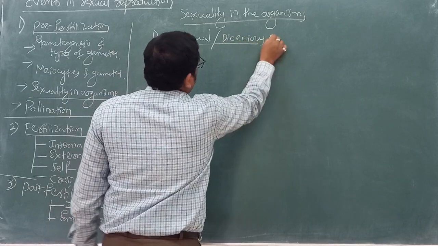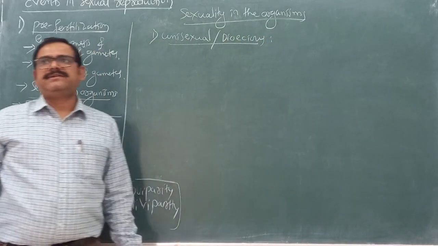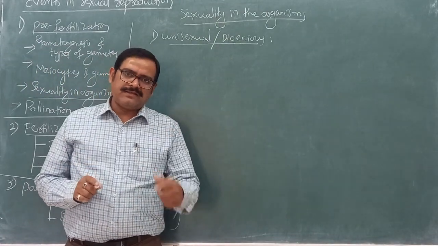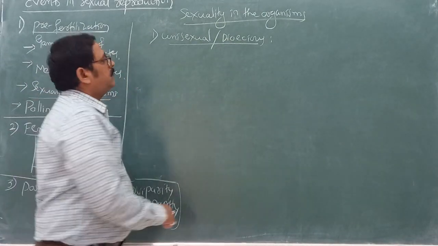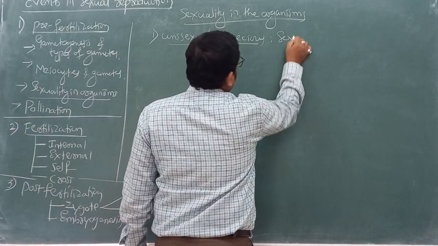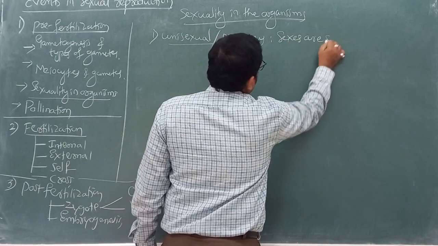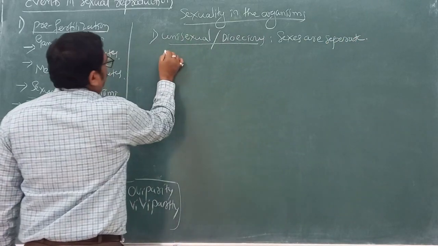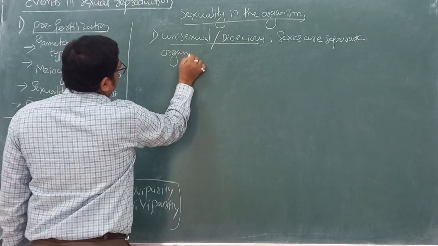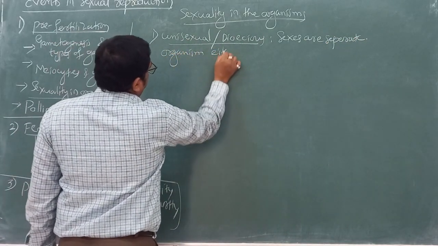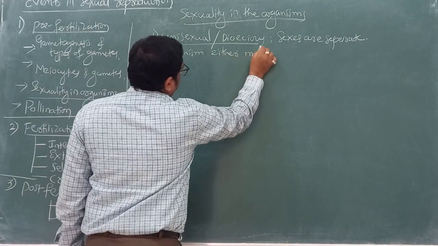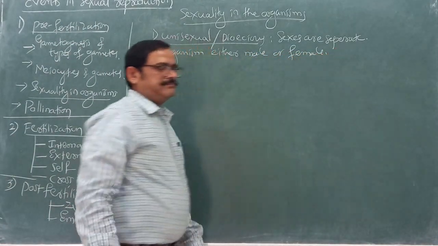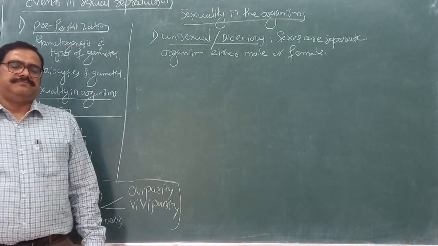Dioecious means sexes are separate, meaning the organism is either male or female. So we can say that the sexes are separate. We call them unisexual organisms.